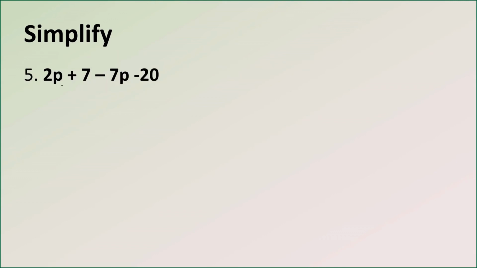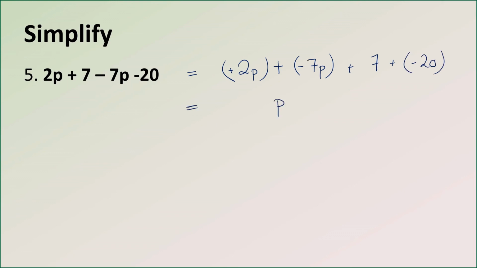The next one, 2p plus 7 minus 7p minus 20. Now I'll rewrite them because they have different signs. Plus 2p, and then I'm adding to minus 7p. They have different signs. And then we have the 7 adding to minus 20. They have different signs. Okay, for the p term, 7 carry the minus term which have the higher value.